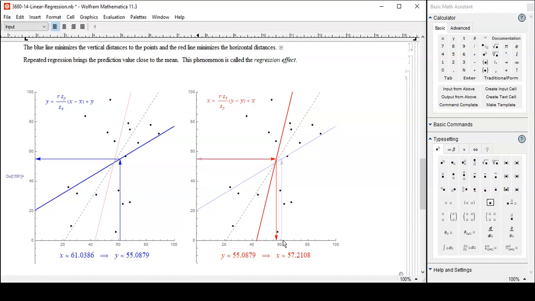From the starting point, which is a little bit bigger than 60, I regressed a little bit toward the mean. So we are looking at the regression effect a little bit toward the mean, and if I do it again, I'm going to get a little bit closer to the mean, and closer, until I get a convergence there. Of course, if I start from lower than the mean, I'm going to get bigger toward the mean. Either way, it's called the regression effect.